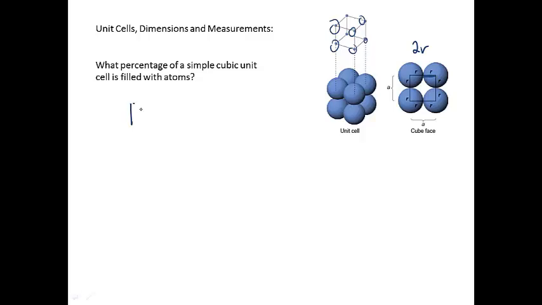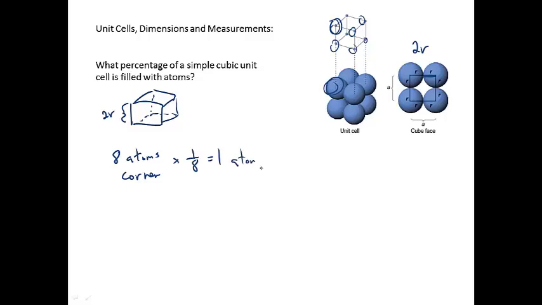And so what we have is we have this box, not just a box, it's a cube, where the edge length is 2r. And then what we do is we have a total of, remember we have 8 atoms in corner positions, times 1/8. 1/8 of each of these atoms is actually inside that box, and 7/8 is outside. So it's 1 total atom inside the unit cell.